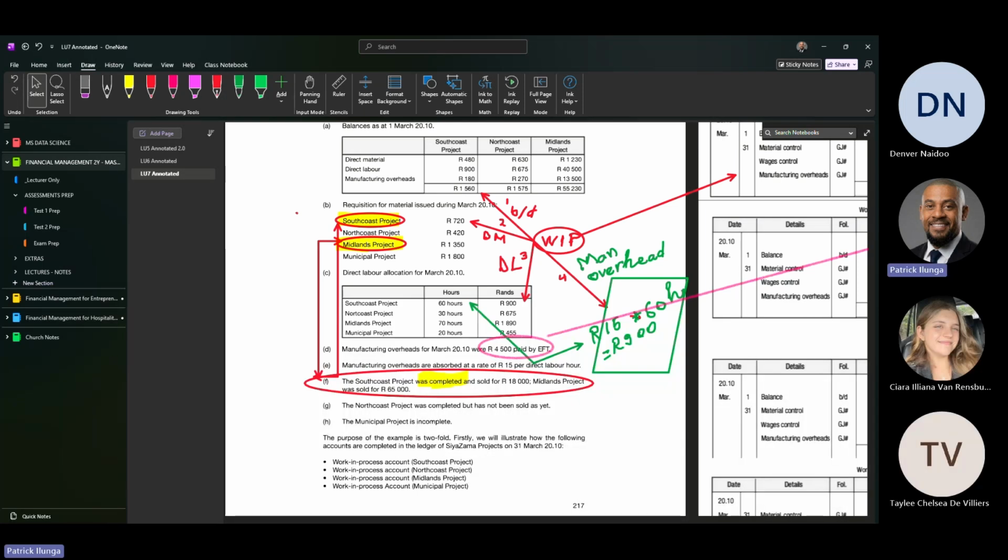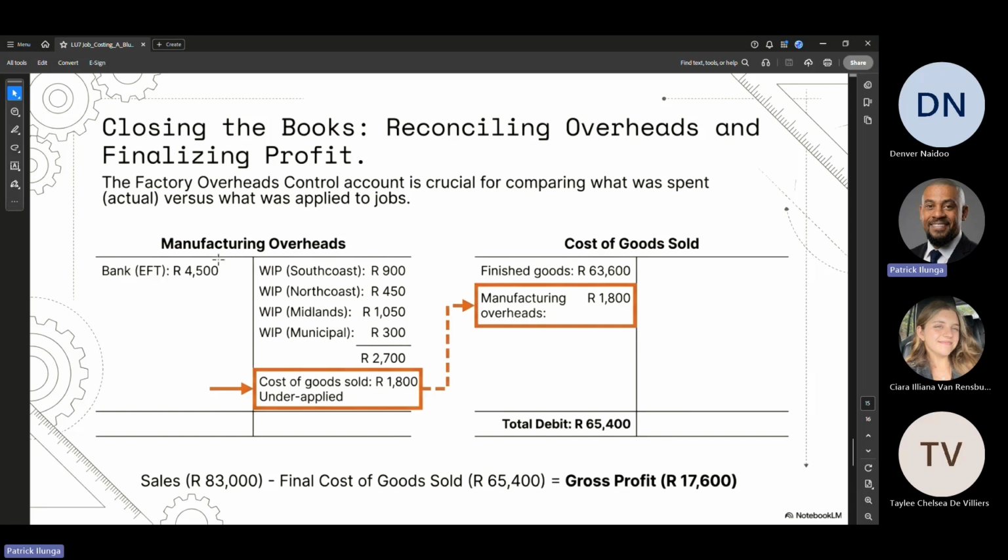So the implication of that is that when we are tallying everything, this came from manufacturing overhead. These are all the things that we calculated, right? The 900, the 550, all of these were calculated by multiplying the direct labor hours by 15 Rand per hour. You remember that?